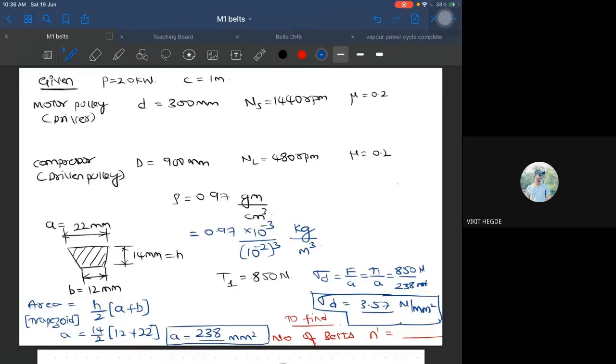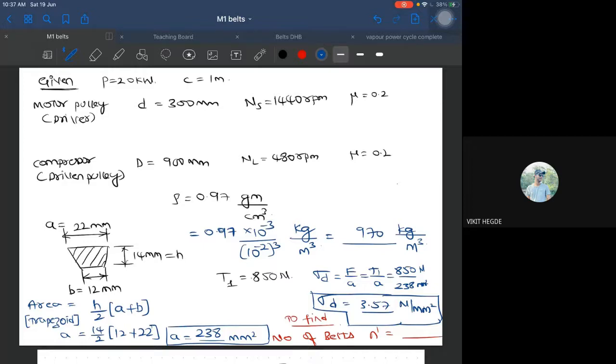So what is this value in kg per meter cube? Give me in a proper format. 0.97 into 10 to the power of minus 3 divided by 10 to the power of minus 6, that is 0.97 into 10 to the power of 3. 970, can I take it as 970 kg per meter cube?